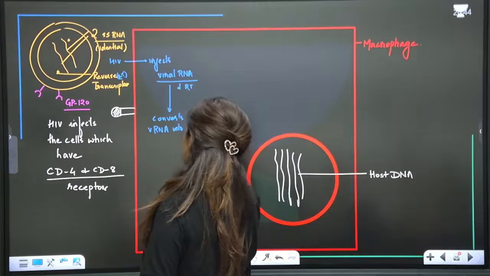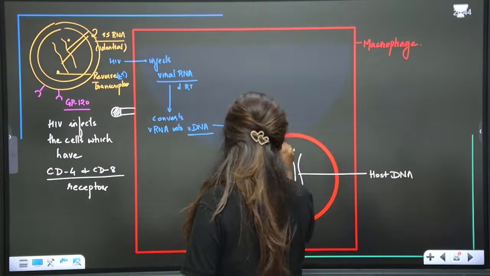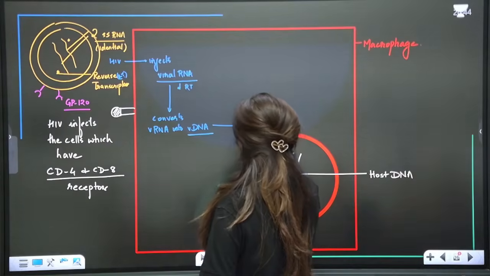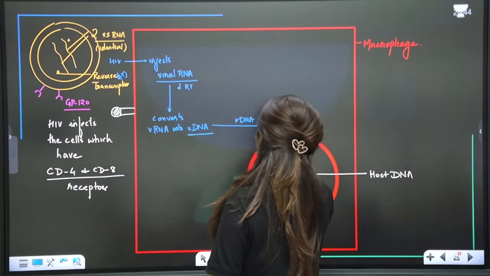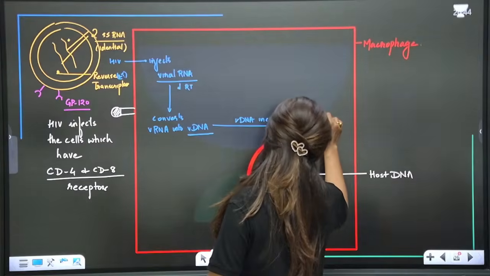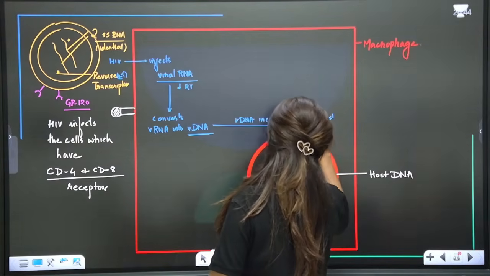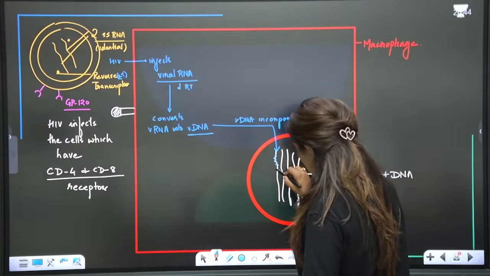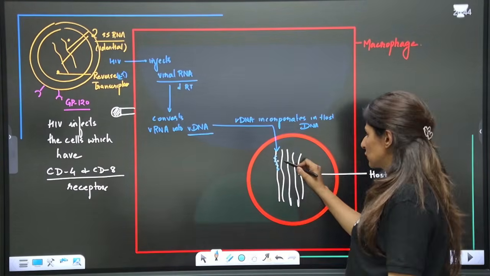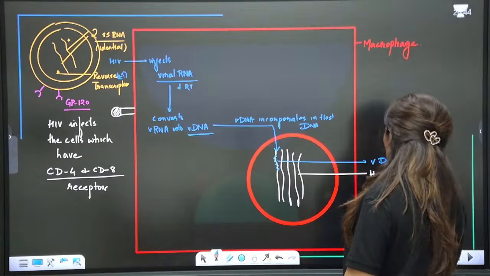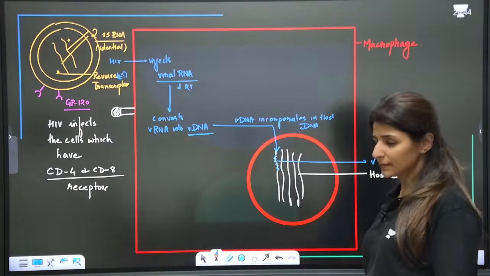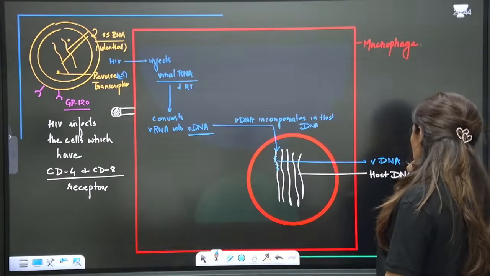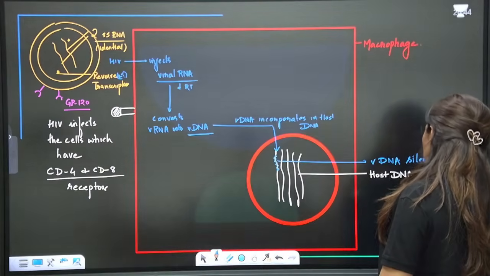Now, once this DNA is formed, it is incorporated into the host DNA. This viral DNA incorporates in the host DNA. Is that clear? Now, when this viral DNA is attached to the host DNA, it becomes recombinant DNA, rDNA, right? Now, this rDNA, on incorporating into the host DNA, silences the host DNA.